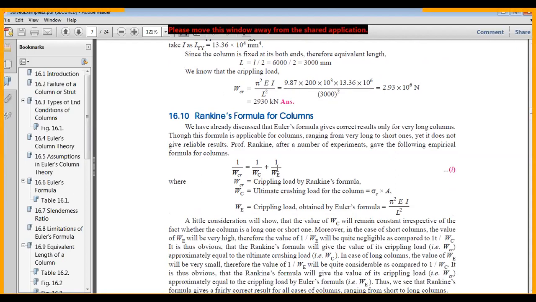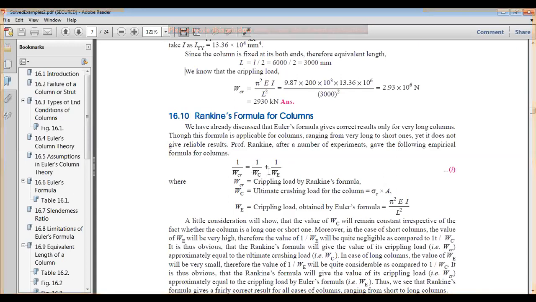If we take the reciprocal of Euler's crippling load and the reciprocal of the ultimate crushing load, and add them up, we get the reciprocal of the Rankine load. So this way you can calculate the crushing load by Rankine's formula as well.